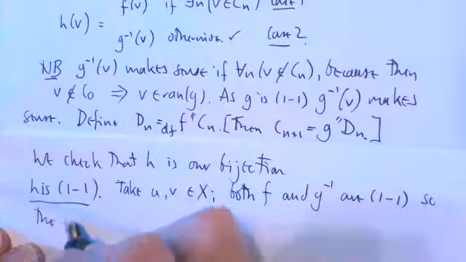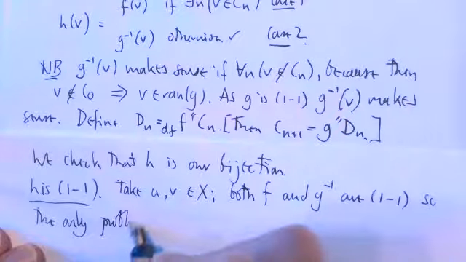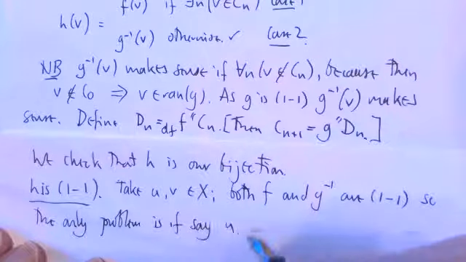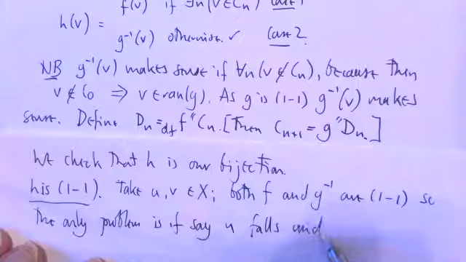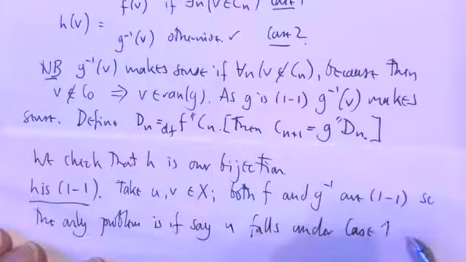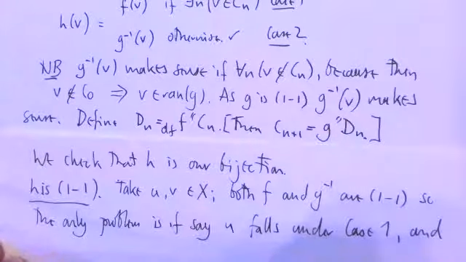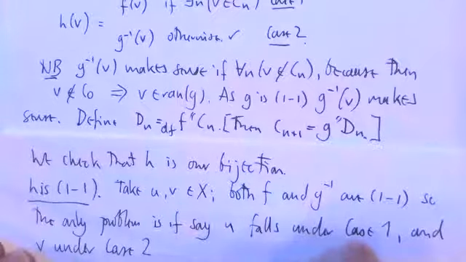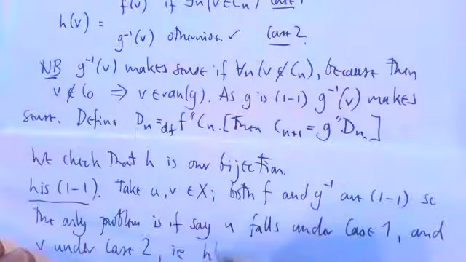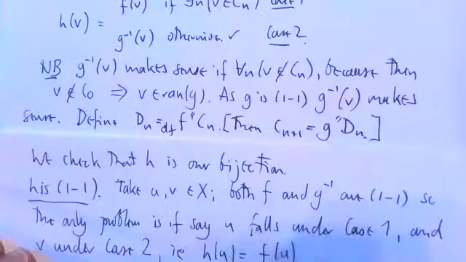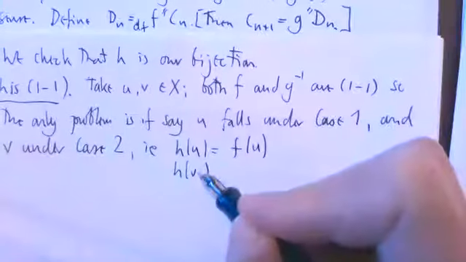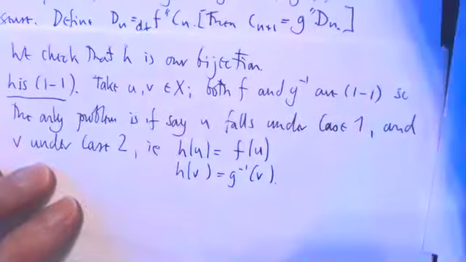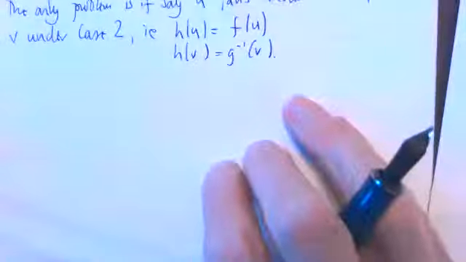So the only problem is if, say, u falls under case 1 and v under case 2, i.e., h of u is f of u, and h of v is g to the minus 1 of v. And that's the only way there is going to be some difficulty. Right?